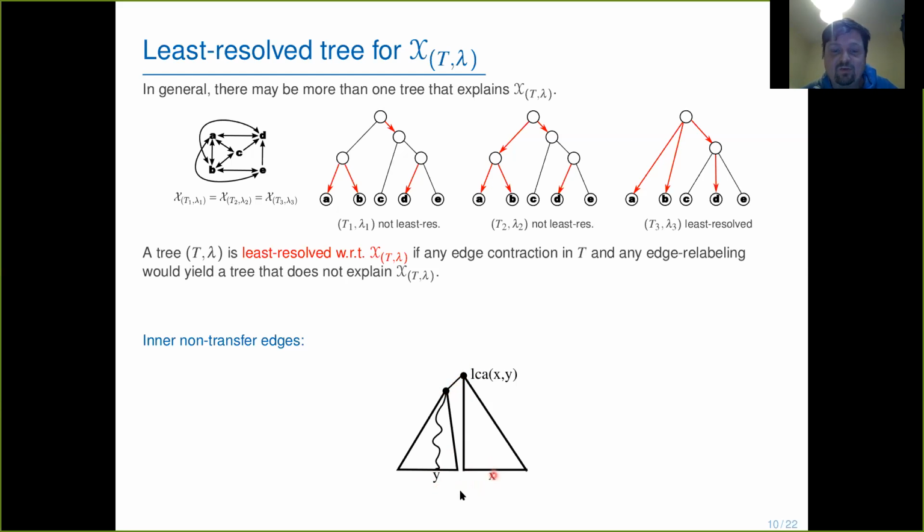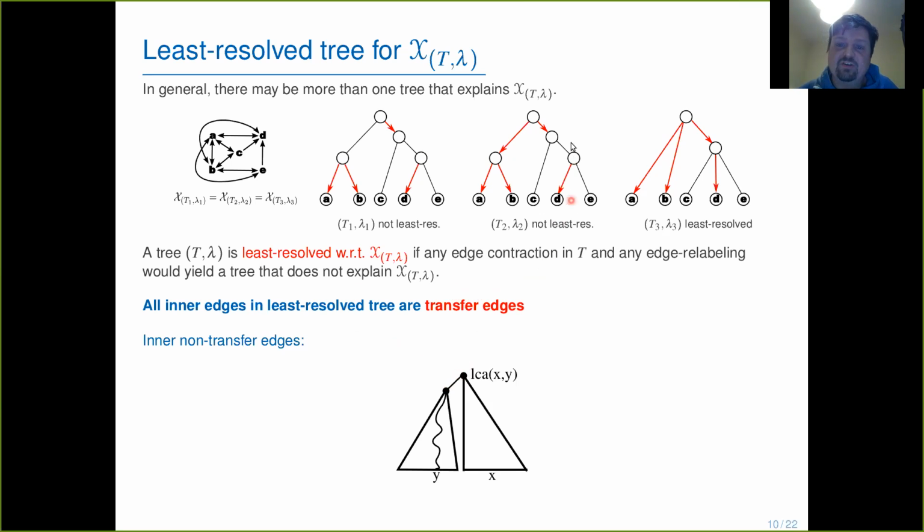Whether X is in relation to Y or not does only depend on the particular subpath below this particular non-transfer edge. We do not learn anything about inner non-transfer edges. Yeah, so we can contract it. All inner edges in a least resolved tree that are non-transfer edges can be contracted. So all inner edges in a least resolved tree therefore must be transfer edges, right?